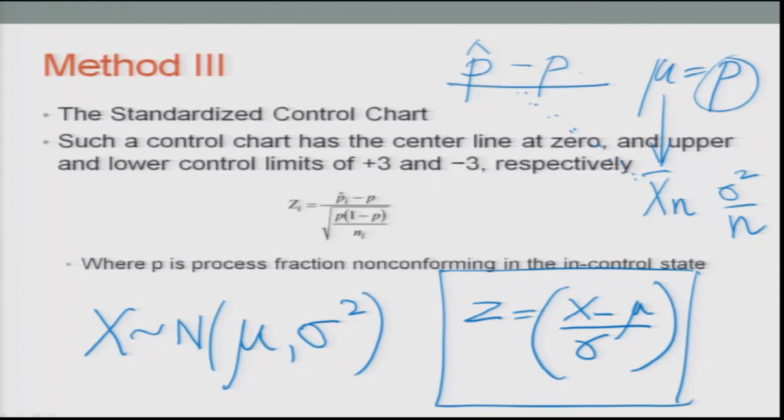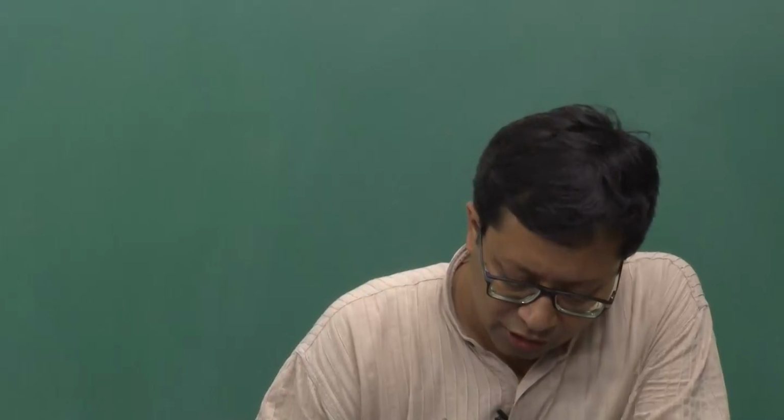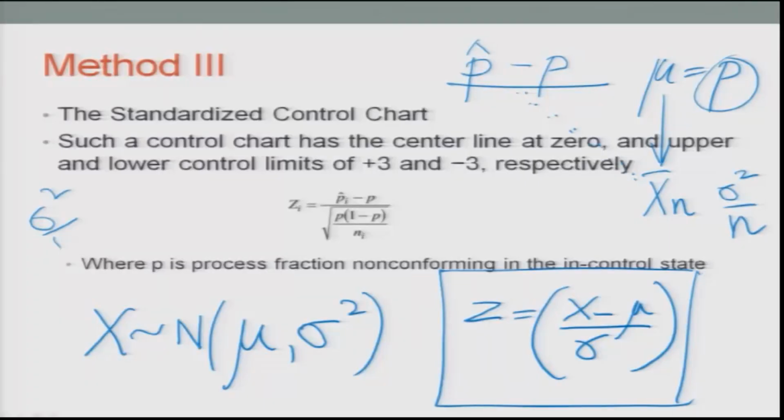Now, in the denominator, we divide by the value of n, which is the sample size. If I consider the sample variance, which is the best estimate for the population one, you had sigma square by n.